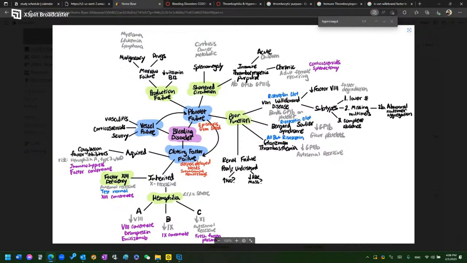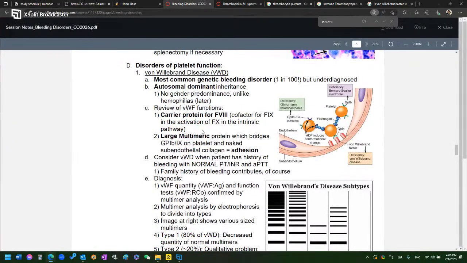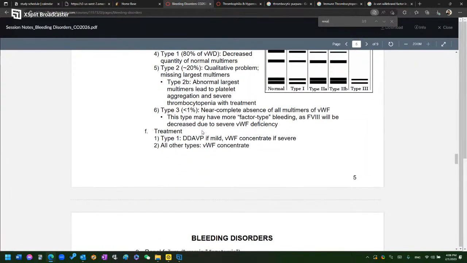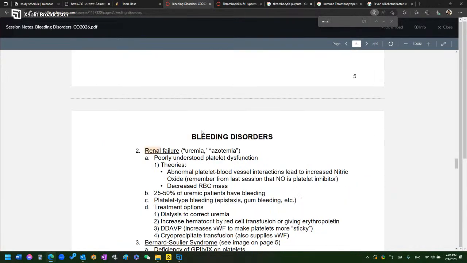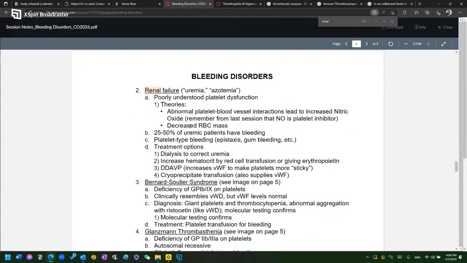Renal failure can also get involved in this, I think. I don't think people know why. But it's either because there's increased nitric oxide, or it's because the red blood cells are smaller.